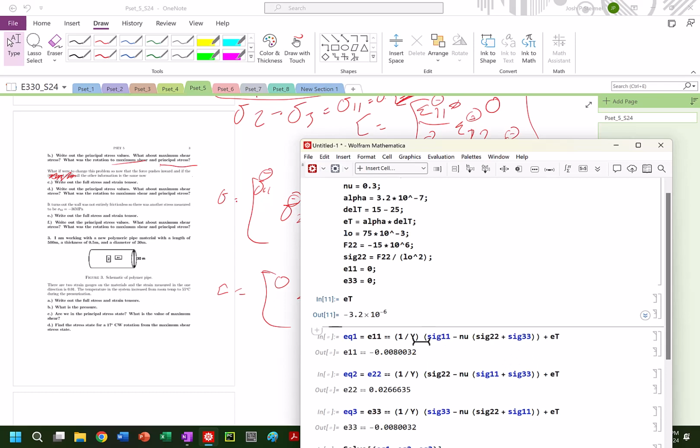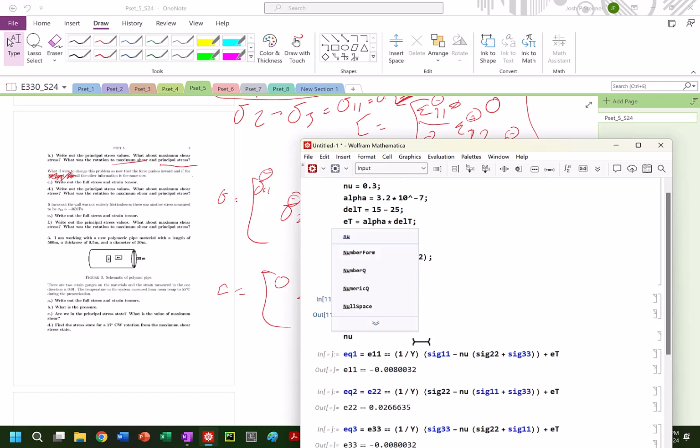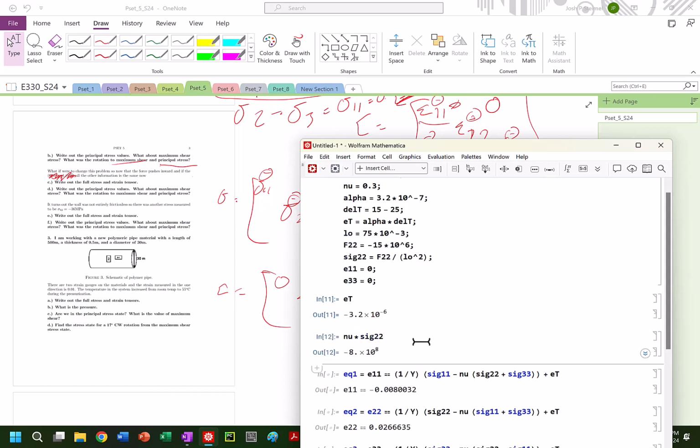If you look at, for example, nu times sig 2-2, which gives you some idea of the contraction in the other direction, and then we divide out by y, you see it's huge compared to this. So that gives you some rough idea. Again, this is a tougher problem because you have things that are going in opposite directions. But anyways, so we have this.